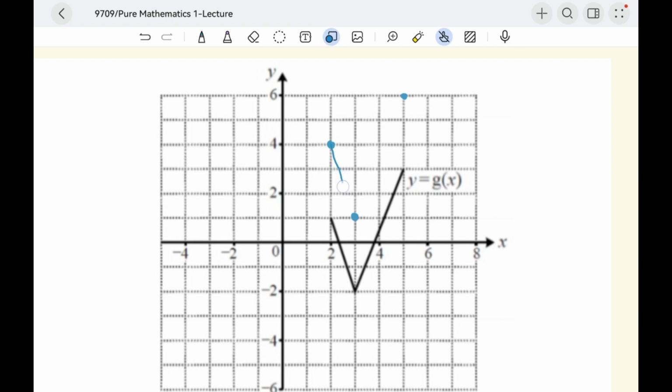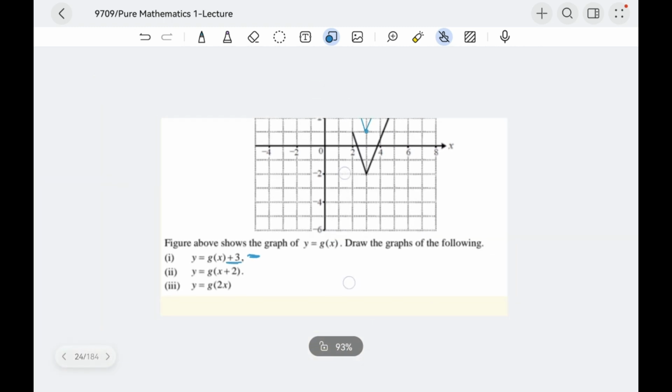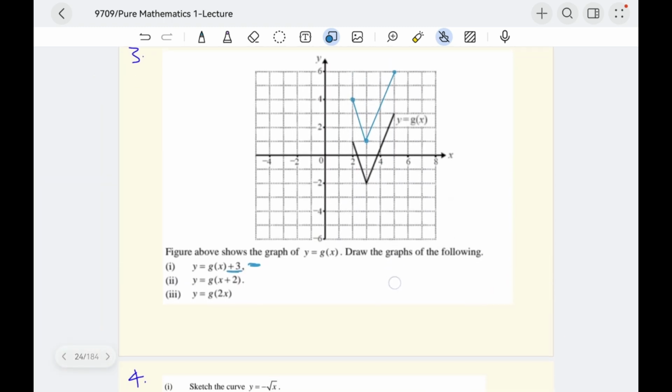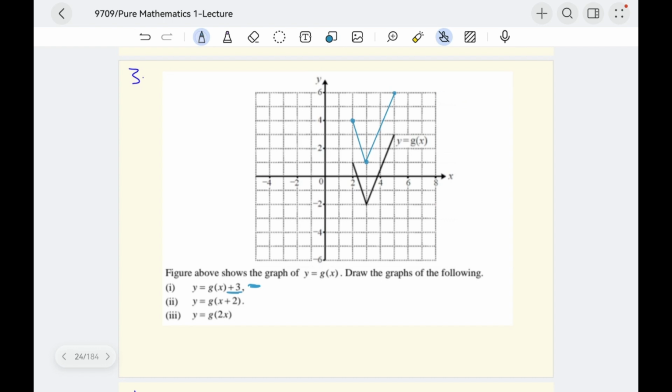Next, you sketch the graph. You will see that its slope does not change. So that's the answer for y equals g(x) plus 3.